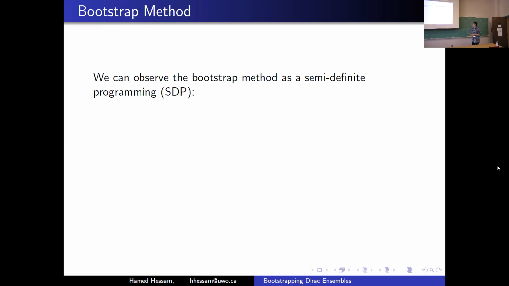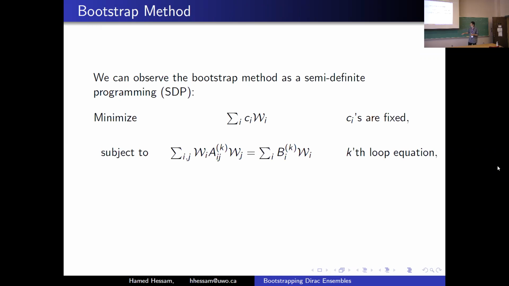We can view the bootstrap method also as an SDP. It means minimizing the sum of CI WI, where WI are moments, and we can write the Schwinger-Dyson equations and bring all the quadratic part to the left-hand side, all the rest to the right-hand side.